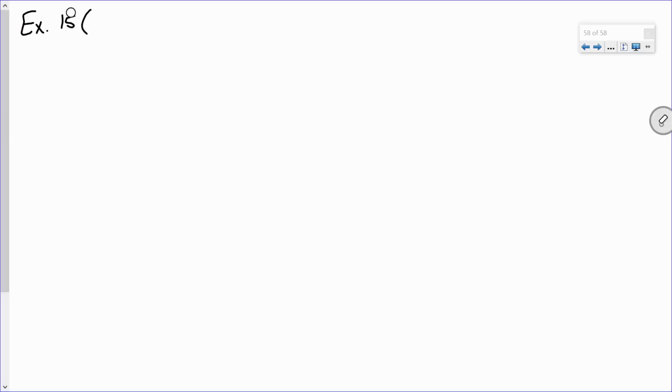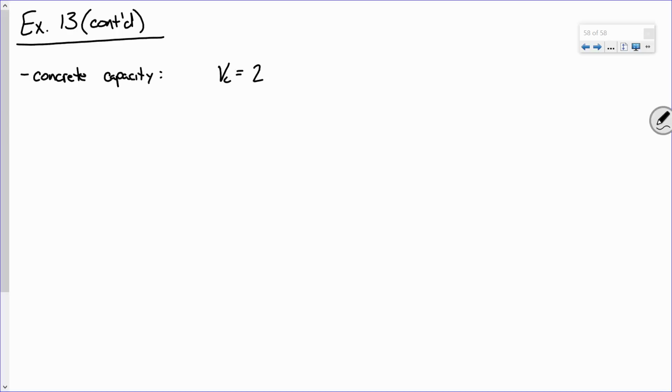We're on example 13. Now, to define our shear diagram, we've got the loads, but we want to indicate regions of interest. So we need to look at the concrete. So let's look at the concrete capacity. How do we calculate the concrete capacity? There we go.